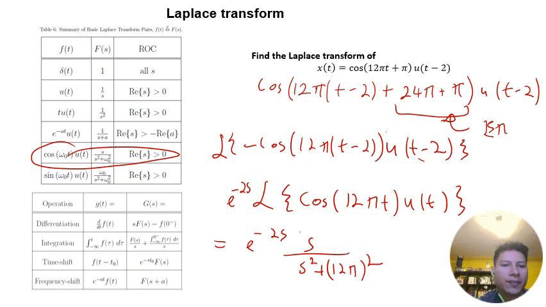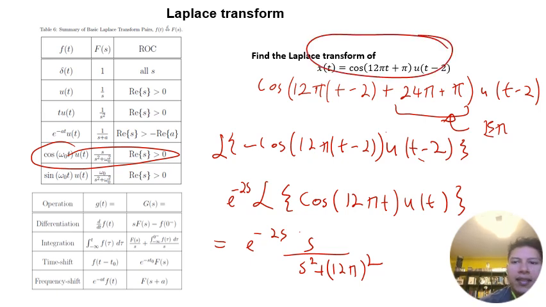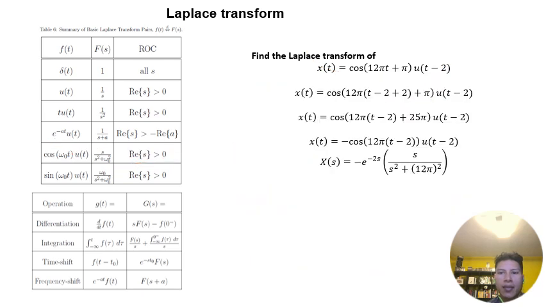That's it. So keep practicing these kinds of questions, as you will have to know how to do these tricks and how to use these tables in order to build more complicated Laplace transforms.